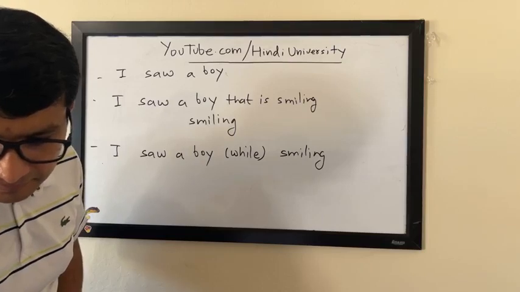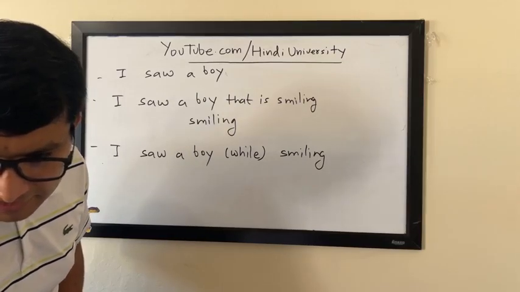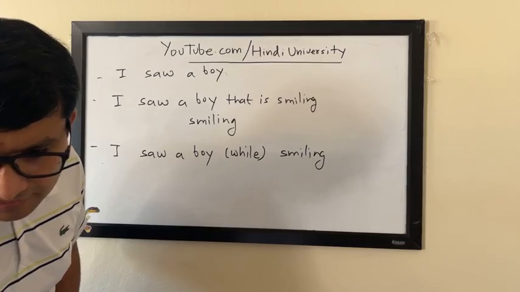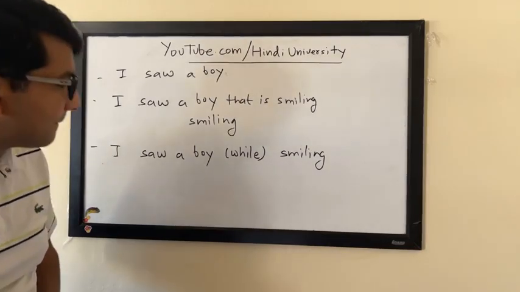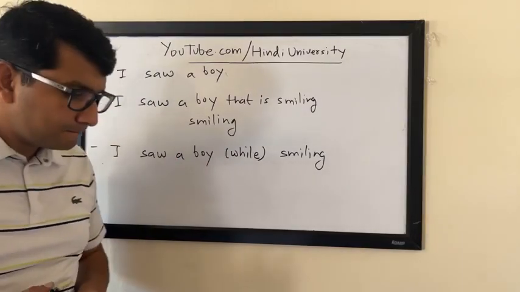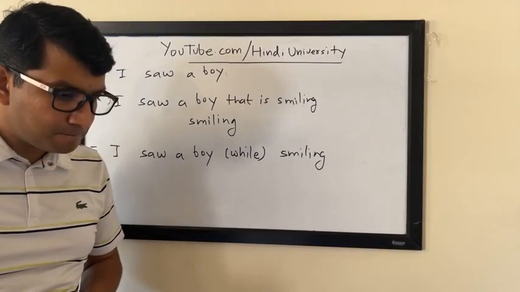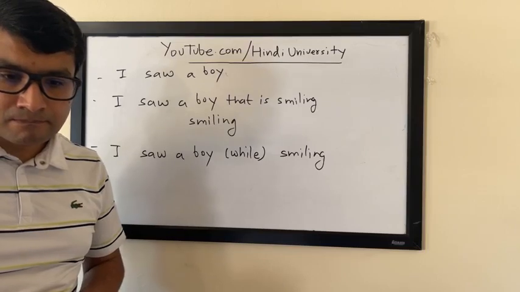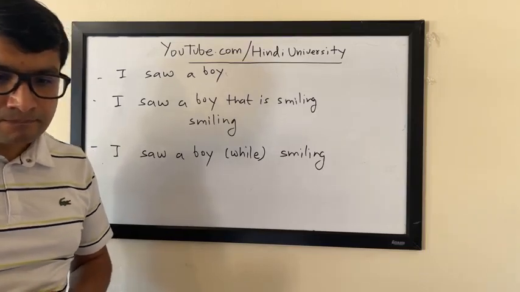Or the verbal activity as an adverb. Somebody is raising their hand. Let's see who would like to. Simona ji, go for it. Yeah, I think in the second one, it's a boy who is generally someone who smiles, a smiling boy. But in the third one, you saw him in a moment when he was smiling. It's not that it's his general nature to smile.